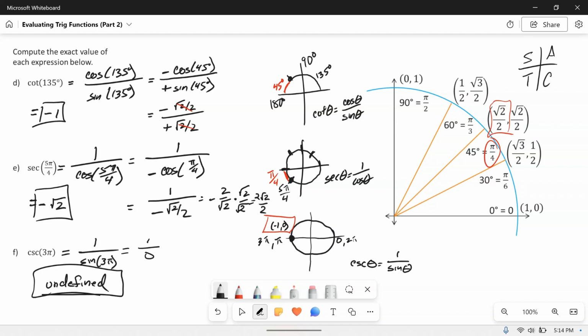You will always get a number for sine and cosine, because sine and cosine are just equal to the x or the y coordinates. But tangent, secant, cosecant, and cotangent, they are all reciprocals in some sense, and so they are all fractions in some sense. And so they are all going to have places around the unit circle, angles around the unit circle, where they are going to be undefined. And that's okay. We just have to be ready for that and be familiar with it and recognize when it happens. All right.